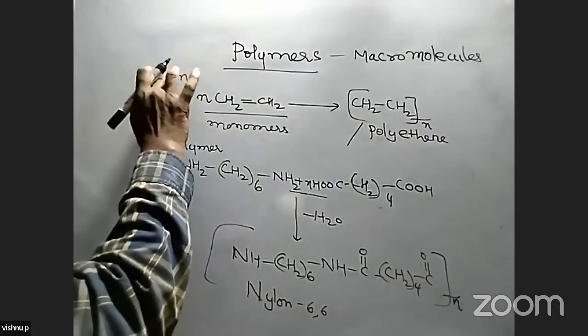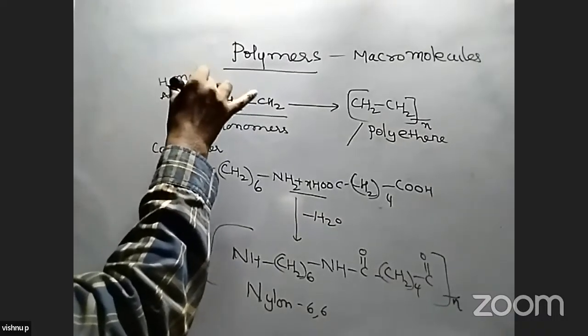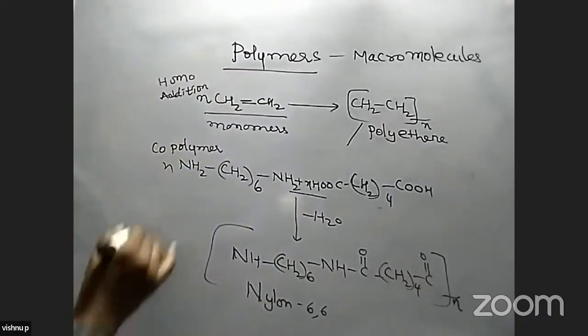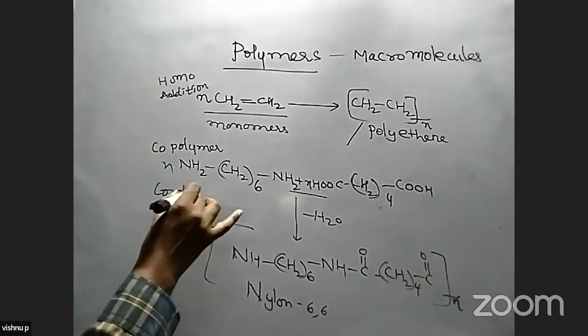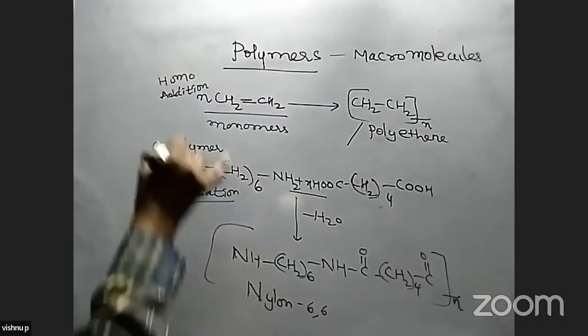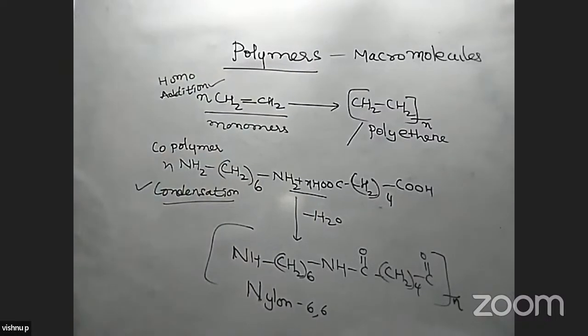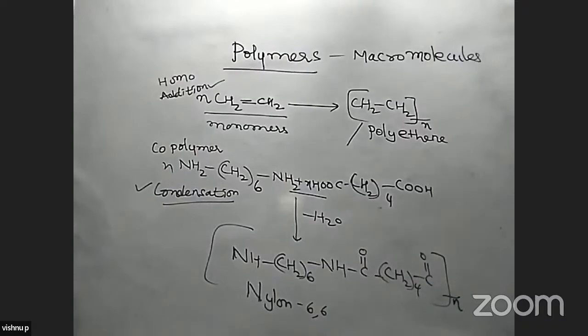So homopolymers go with addition polymerization, and copolymers go with condensation polymerization. So polymerization is of two types, addition and condensation polymerization.